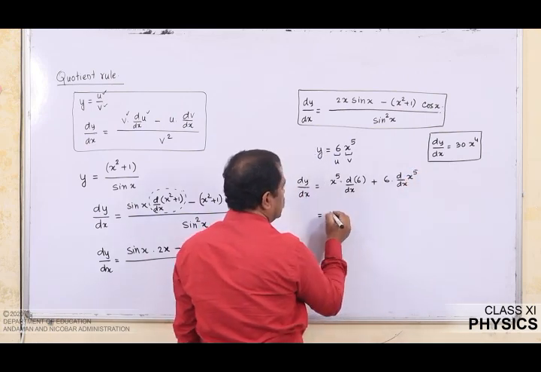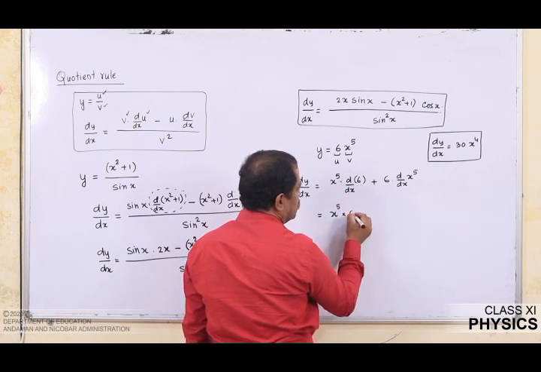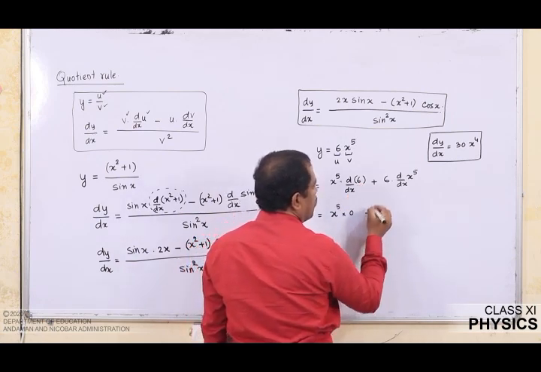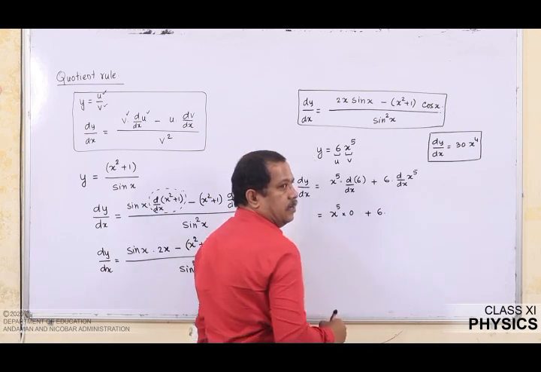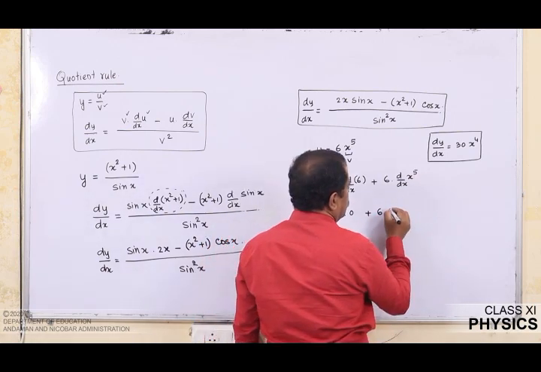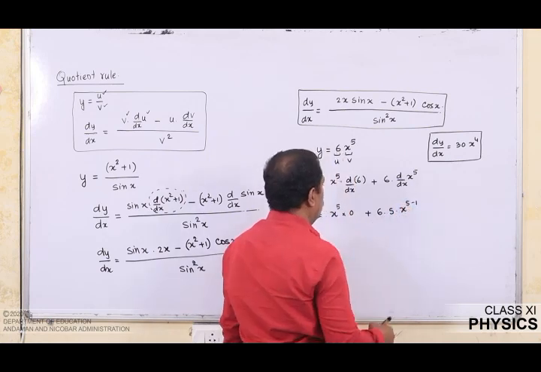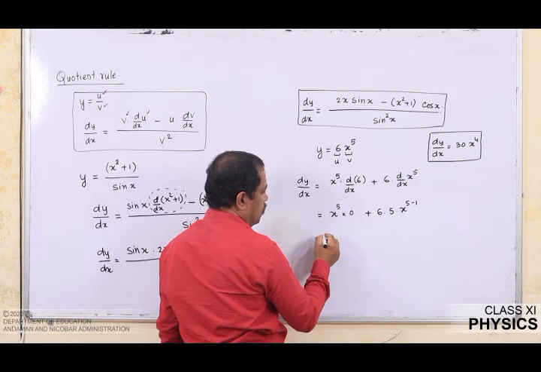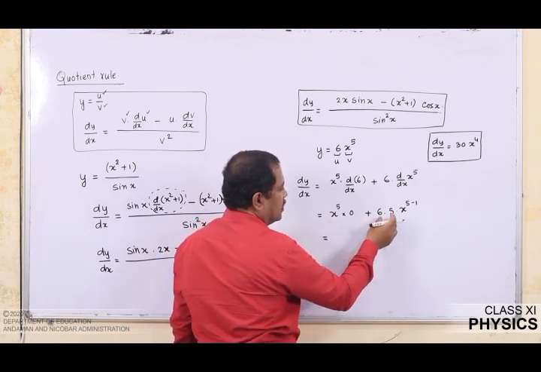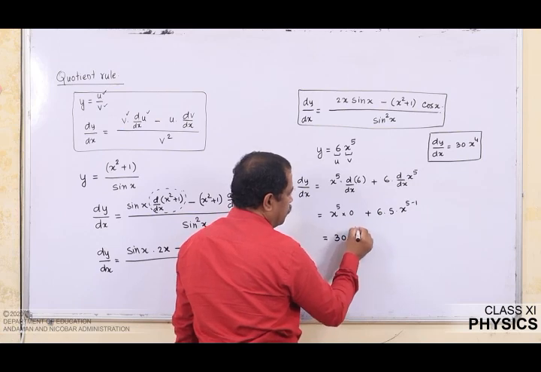Now, this is nothing but x power 5, differentiation of a constant is 0, plus 6 times differentiation of x power 5, which is power times x power minus 1. Anything into 0 is 0, so I am leaving it as such. 6 times 5 gives me 30 x power 4.